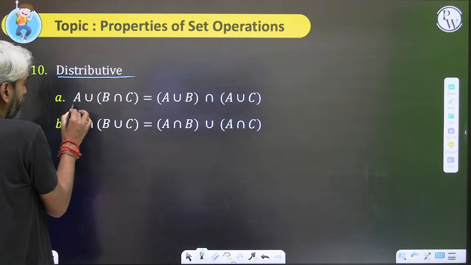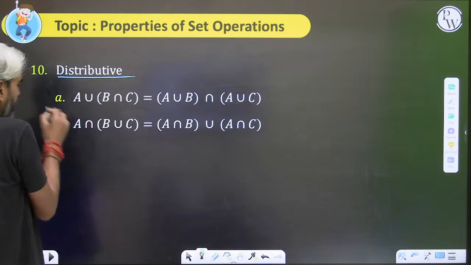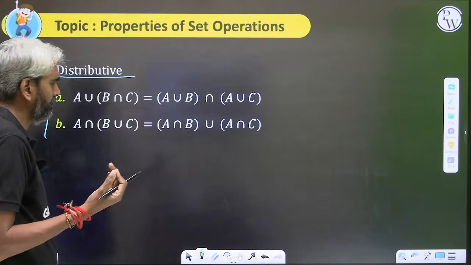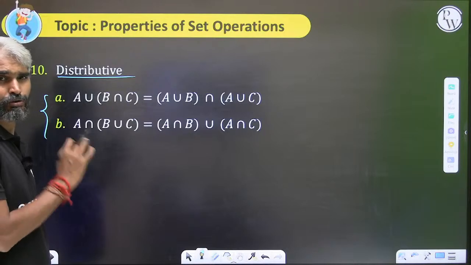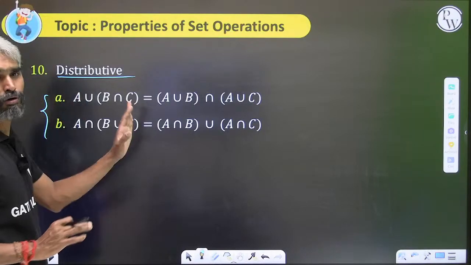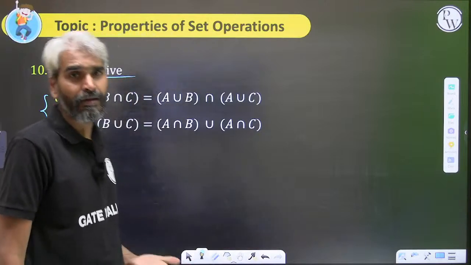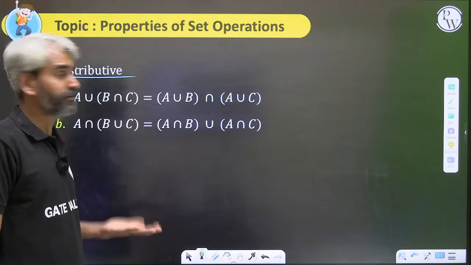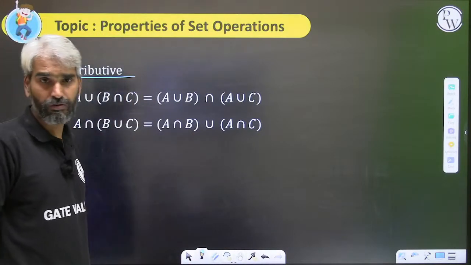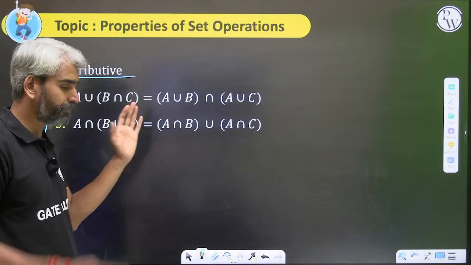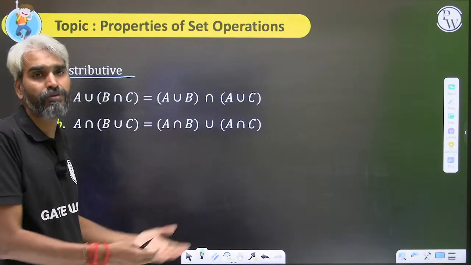It's tricky, so whatever way suits you, you just need to remember this. And this is most important because most of the time when somebody asks you to simplify a given expression, this property will be very useful, because most of the time people are not able to visualize it in terms of the distributive property.